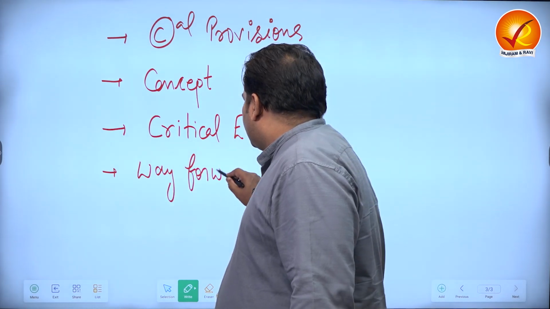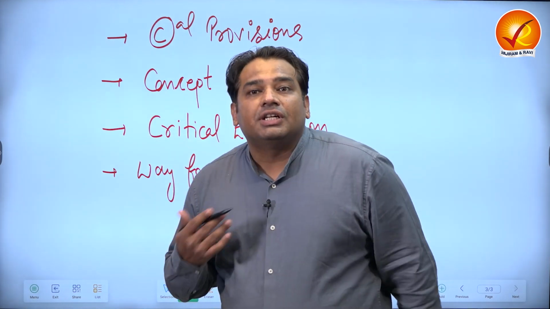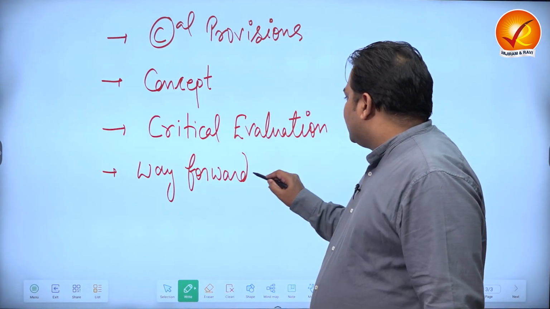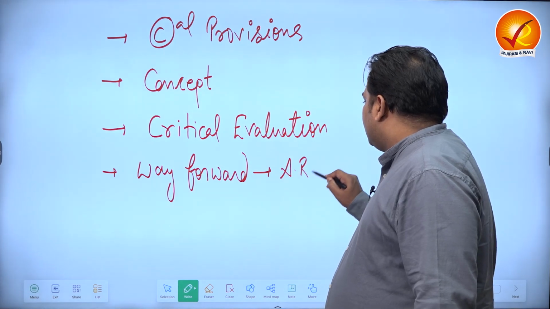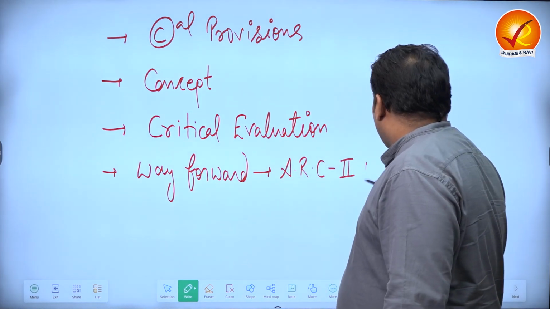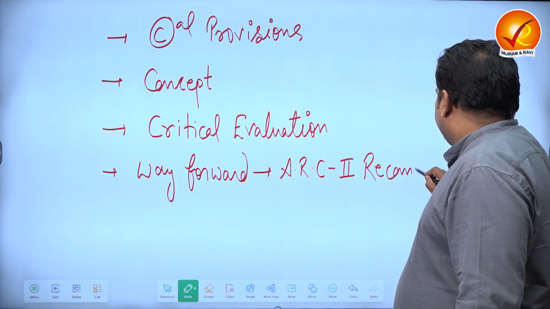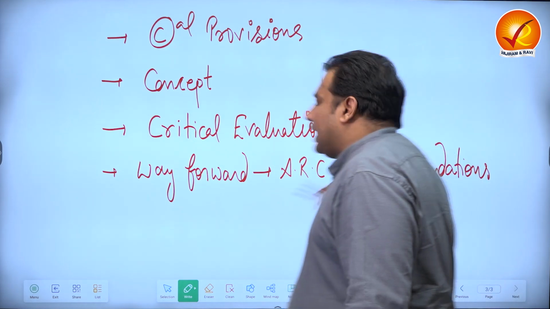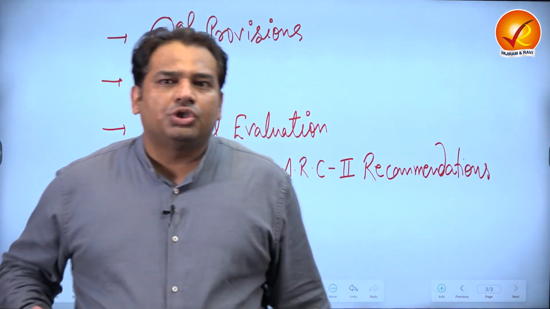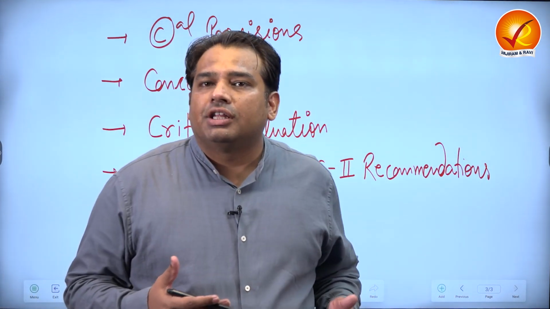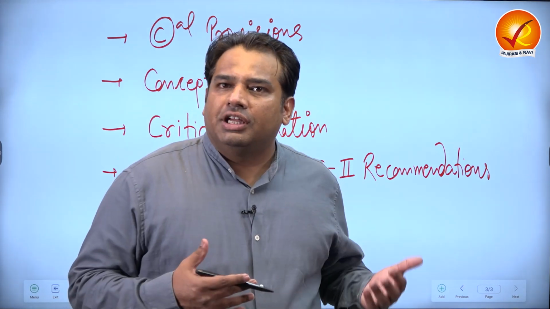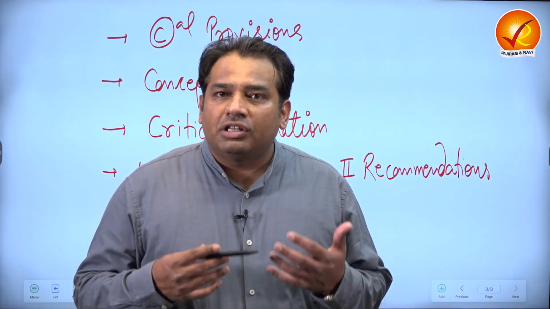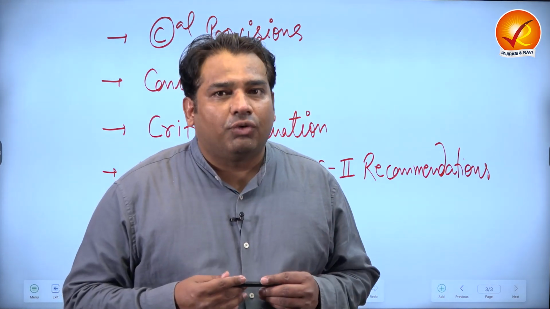These way forwards are usually suggestions, which we will definitely include in our class discussion with ARC recommendations, because those are the latest reports available. 15 reports are there for the second ARC and they are suitable for the administrative reforms scenario. So we will refer to these reports in order to suggest the way forward.